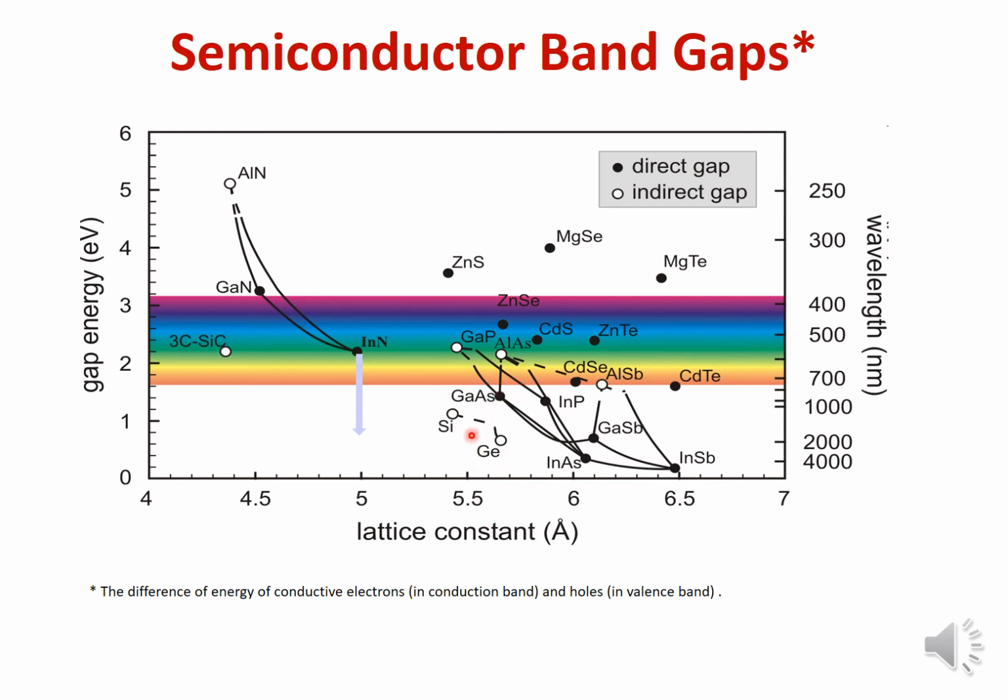So silicon, gallium arsenide, and gallium nitride are actually very useful materials. You will see them quite often. Also, the solid circle is called direct gap material, and the open circle is called indirect gap material. You will study these concepts pretty soon.